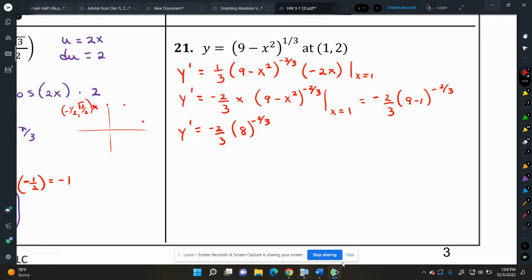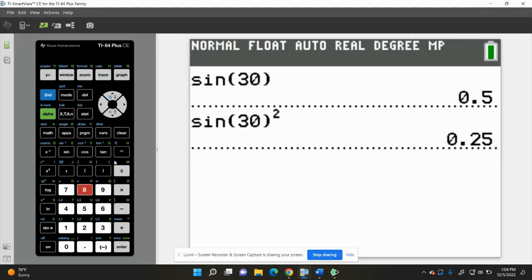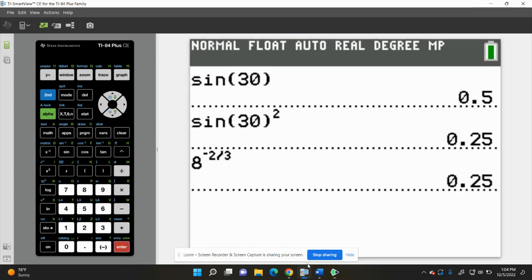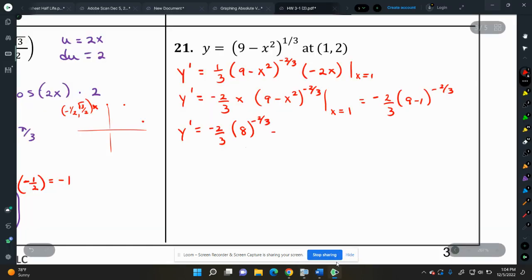Let's just double check that though. 8 to the power of negative 2/3 is 1/4. So this is negative 2/3 times 1/4, which equals negative 2/12, which is negative 1/6.